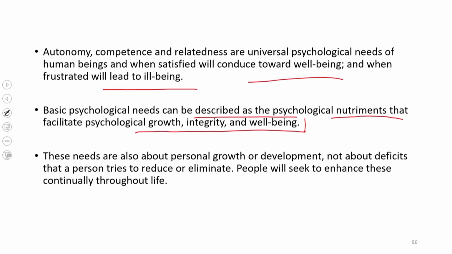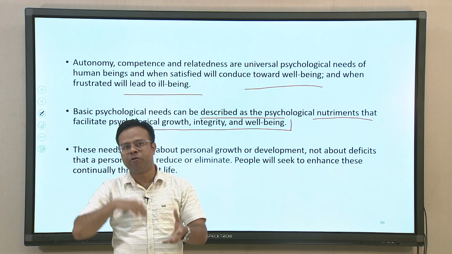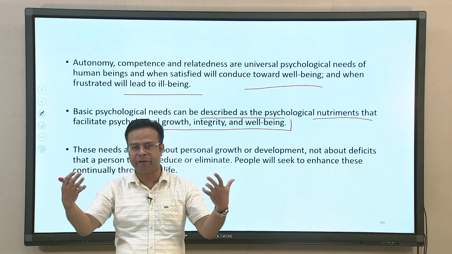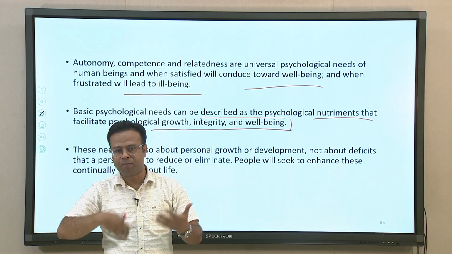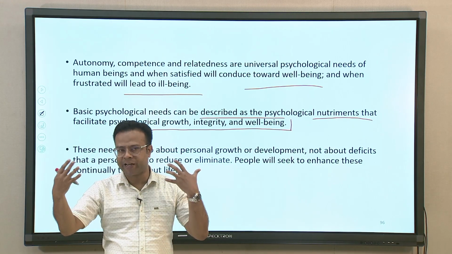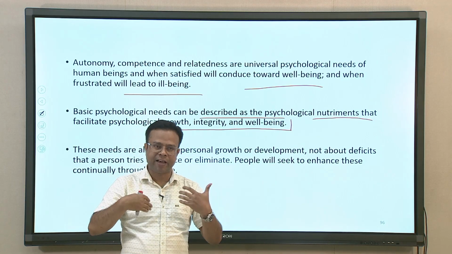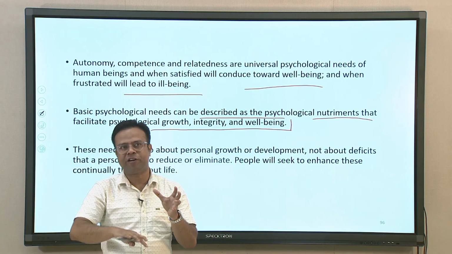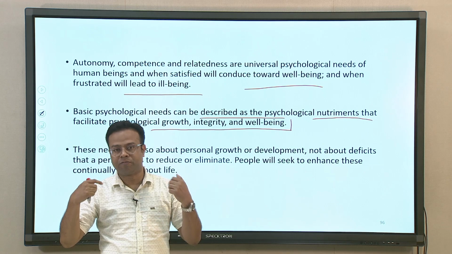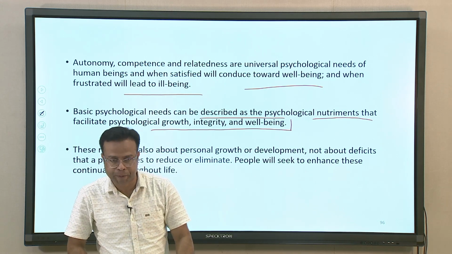They are like nutrition. When they are fulfilled, you experience health and well-being. Just as for the physical body, when you take nutrition, your body experiences health, well-being and vitality, for psychological life also, when these needs are fulfilled, your mental health and functioning level increase.